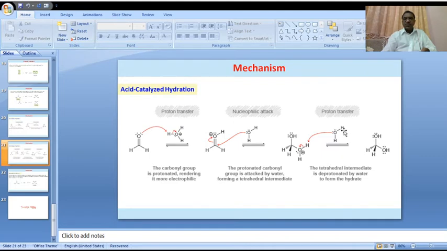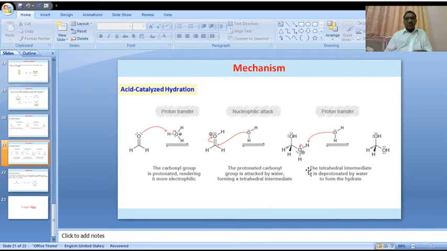This is the proton transfer step, and we get the final tetrahedral hydrate compound from formaldehyde under the acid catalyzed hydration process.